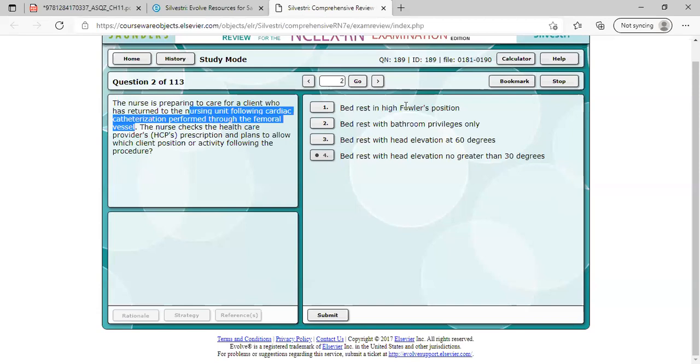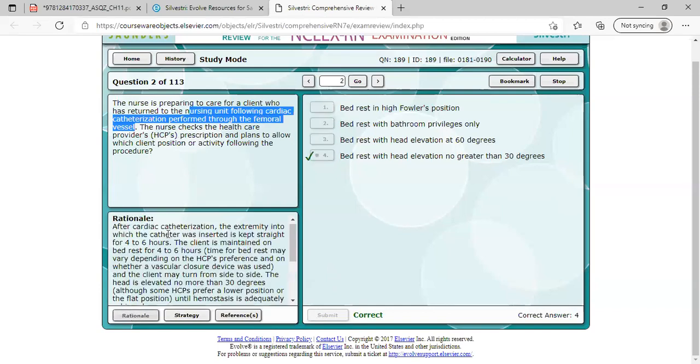If you do this, there will be more pressure in the femoral arteries because the catheterization was done in the femoral area. For the femoral vessel, the question said, what is their explanation?